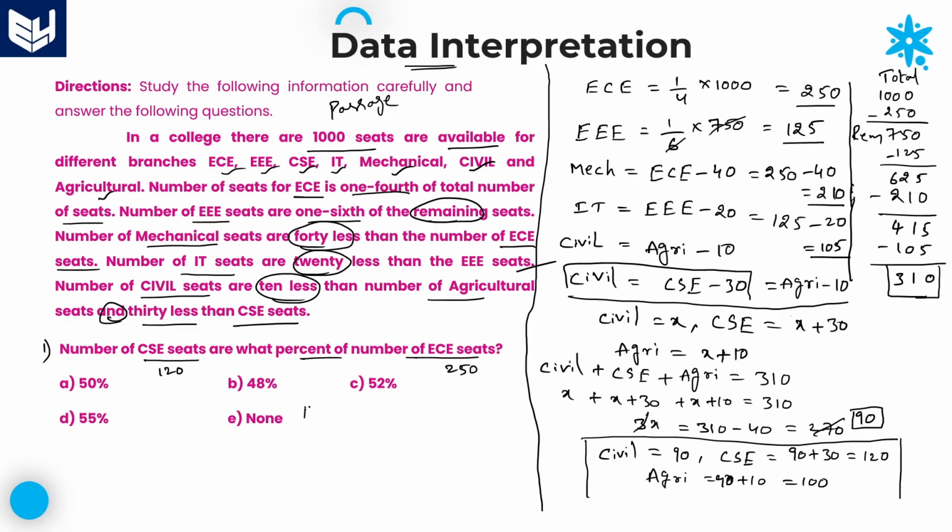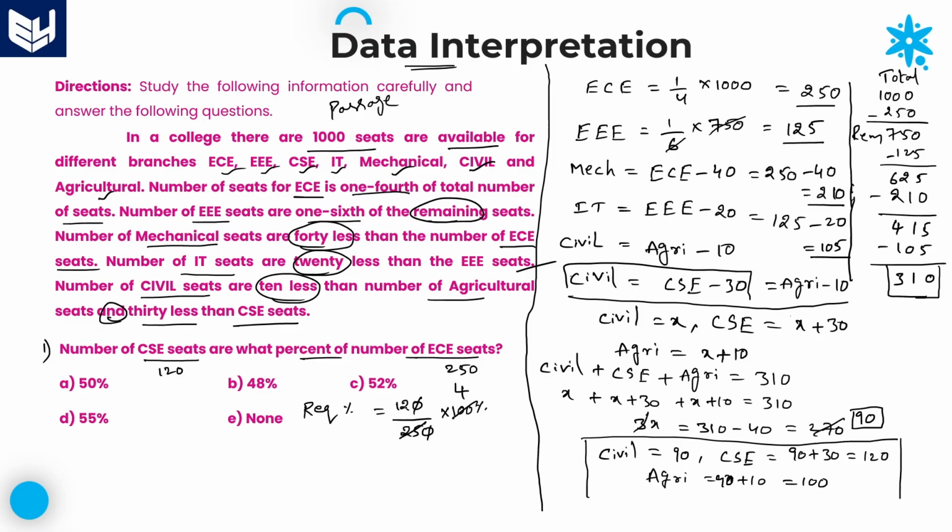So the required percentage is equal to number of CSC seats, that is 120, divided by ECE 250, into 100. Whenever you are calculating percentage, into 100, percentage symbol common. Here 0, 0 gets cancelled, and next 25 once, 25 4 times.